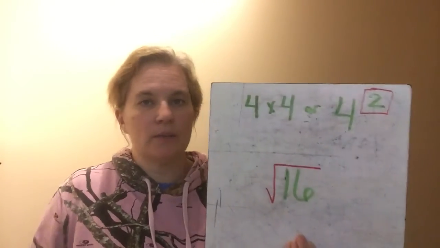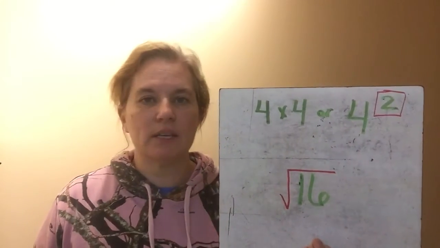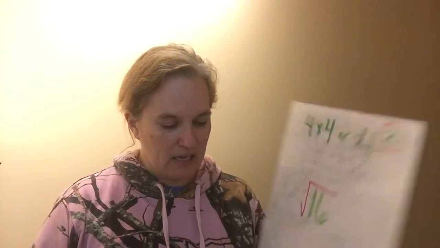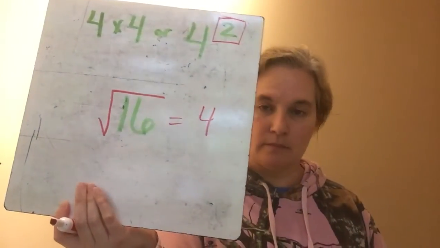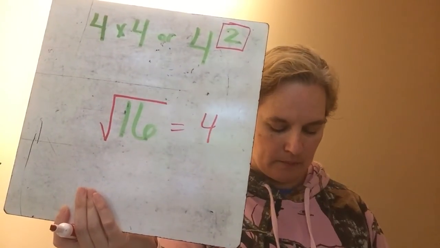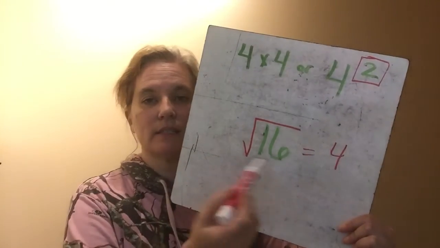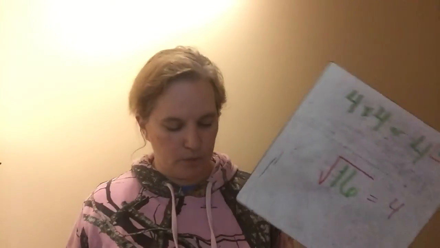Well, 2 times 2 isn't 16. 3 times 3 isn't 16. 4 times 4, that's 16. So the square root of 16 equals 4. Okay. Now you notice I didn't write the answer on the line because this isn't a division. This is a square root.